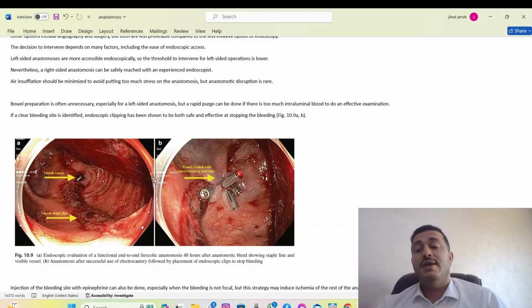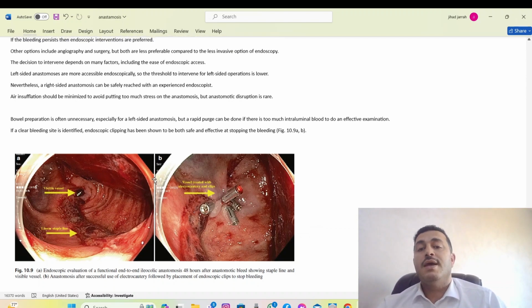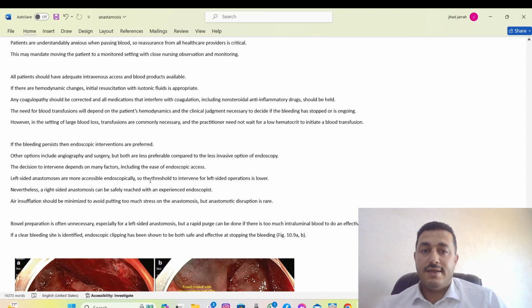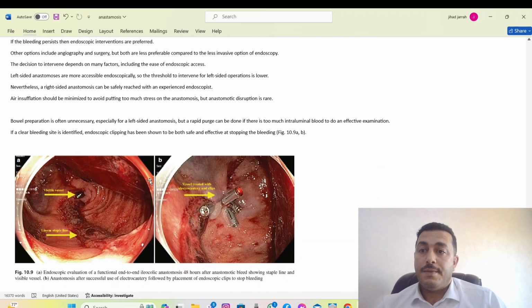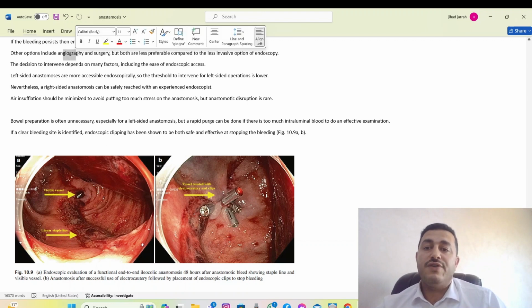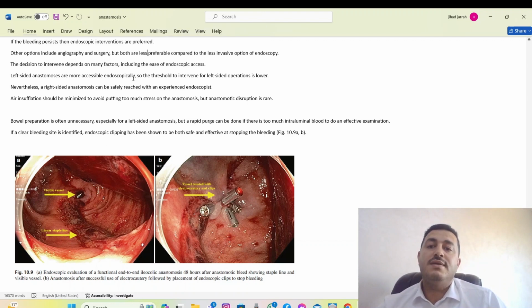One more piece of information: while the endoscopist is advancing the endoscope, he should be aware of air inflation, as we have an anastomosis there. As we said, most of the bleeding stops alone. Okay, there are other options such as angiography and surgery, but both are less preferable compared to endoscopy.